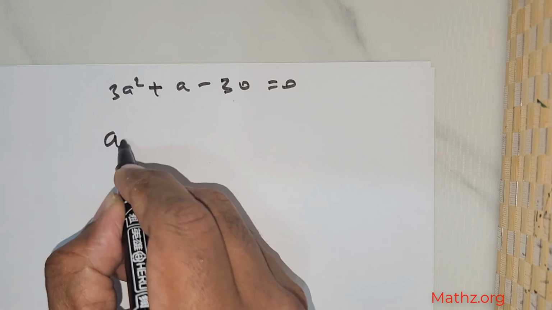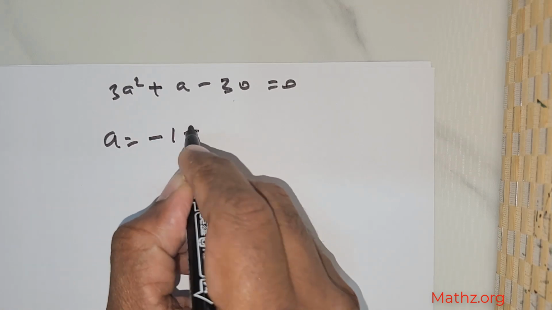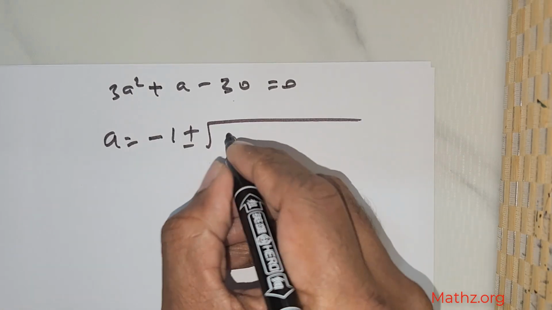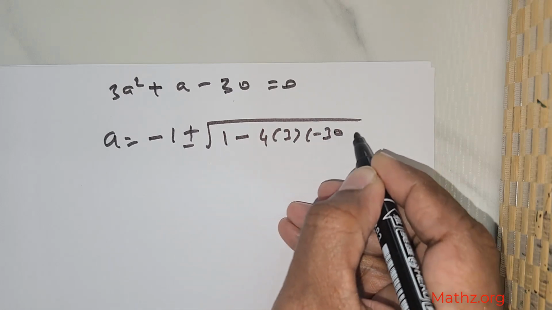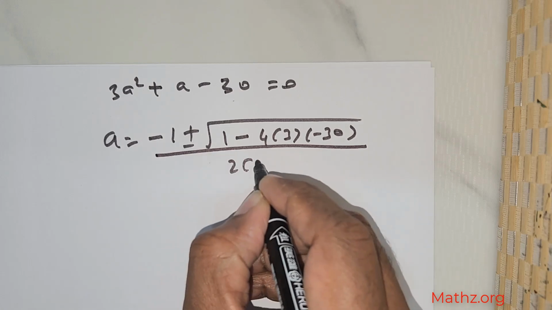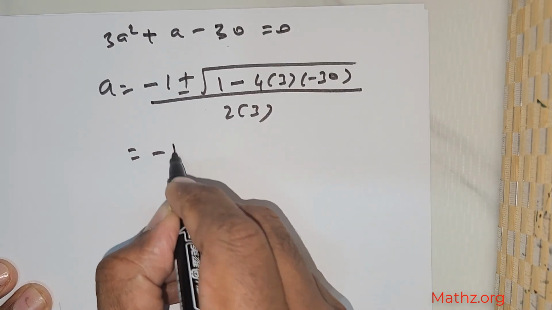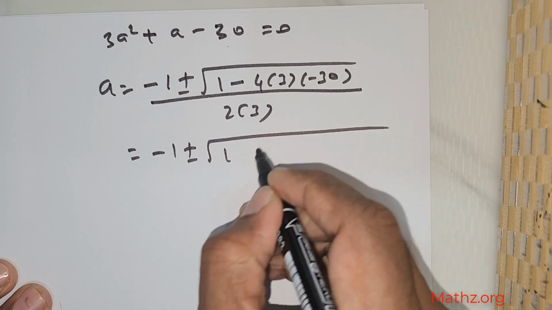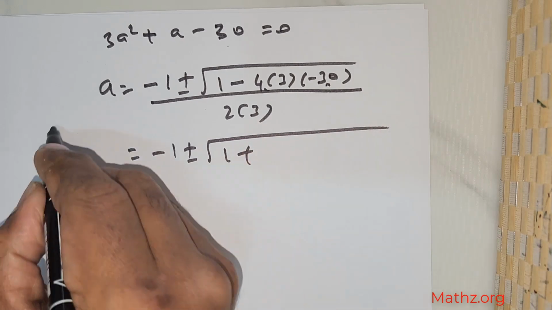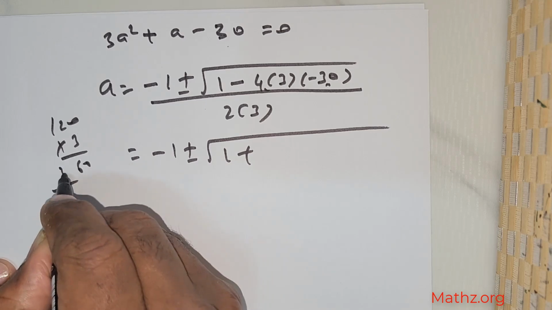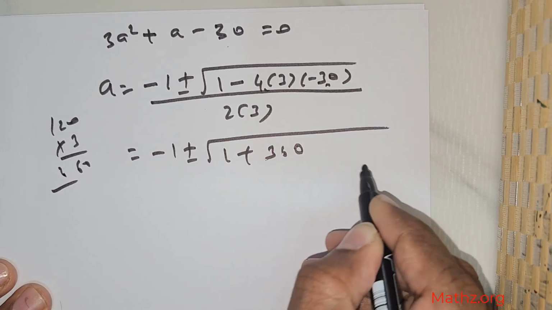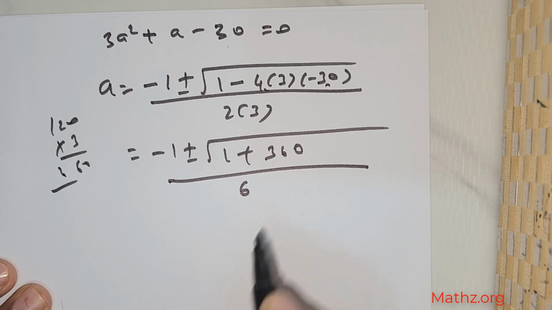So use the quadratic formula, so you get a is equal to negative 1 plus or minus the square root of 1 negative 4 times 3 times negative 30, divided by 2 times 3. So negative 1 plus or minus root of 1 positive 4 into 3 is 12, 12 times 30 is 360, so you have 361 divided by 2 times 3 is 6.